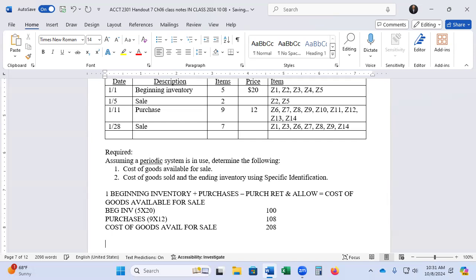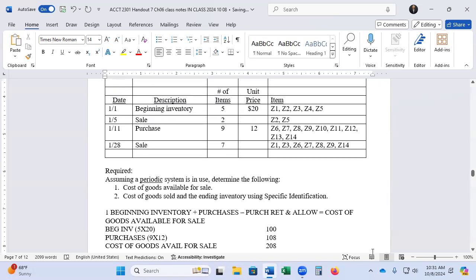So now part 2 says cost of goods sold and the ending inventory using specific identification. So let's go ahead and look and see, okay, we sold Z2 and Z5.